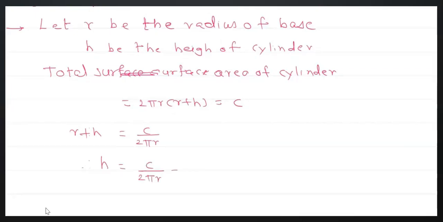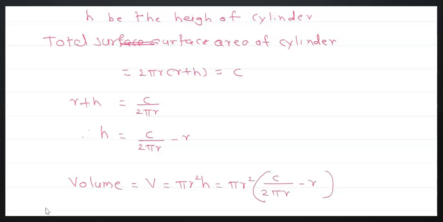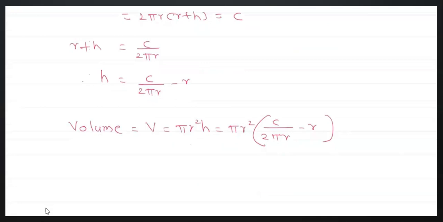Therefore h is equal to c upon 2 pi r minus r. And that's why we'll find out the volume. This is what we require, the volume of the cylinder, and we'll find the condition when its volume is a maximum. At that time, the height is equal to the diameter of the base.